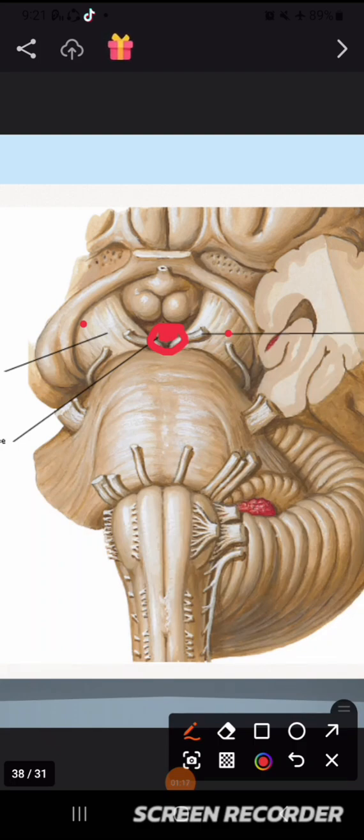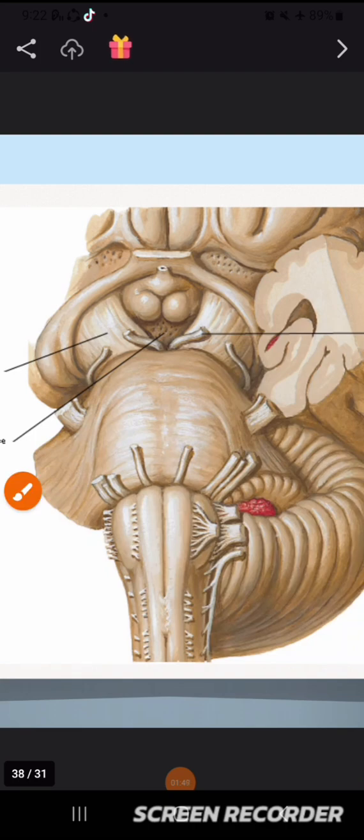Emerging from the interpeduncular fossa is the third cranial nerve, which is the oculomotor nerve. Oculomotor nerve supplies all the extraocular muscles except the superior oblique, supplied by the trochlear nerve, and the lateral rectus, supplied by the abducens nerve.